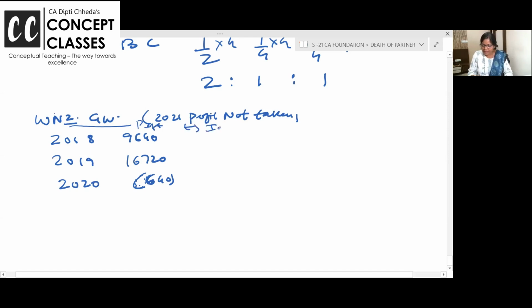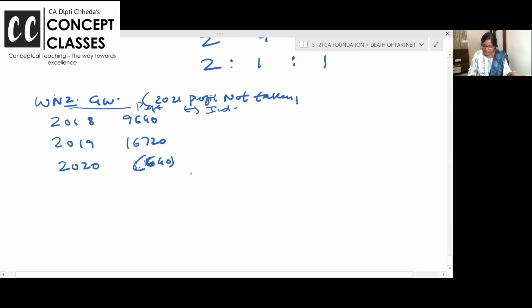So shall we minus interest on capital? इंटरेस्ट ऑन कैपिटल आप अलग अलग भी कर सकते हैं, एक साथ भी. तीनों का मिला के कैपिटल कितना है? 20,000.